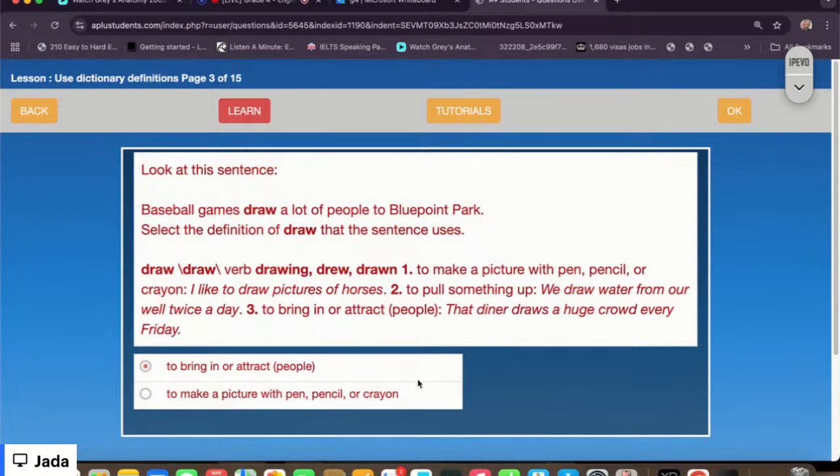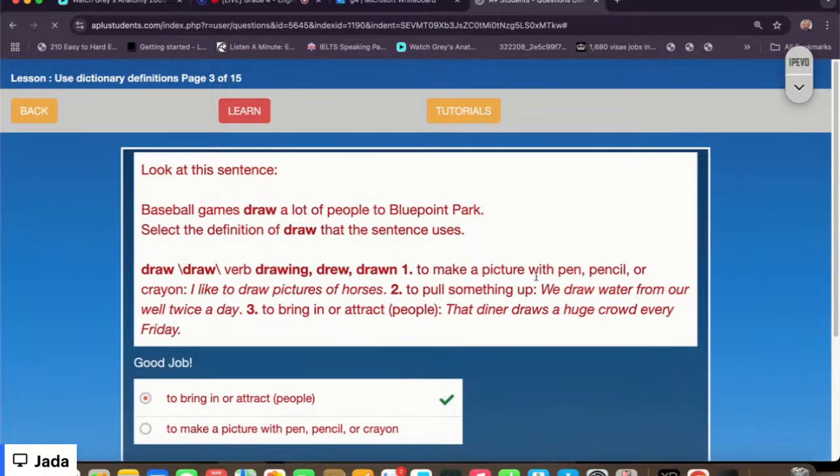All right, so it has to be to bring in or attract people. That's the definition of draw in the sentence.